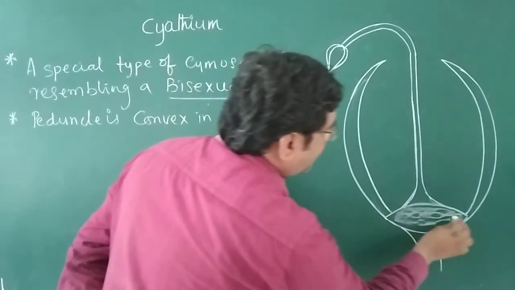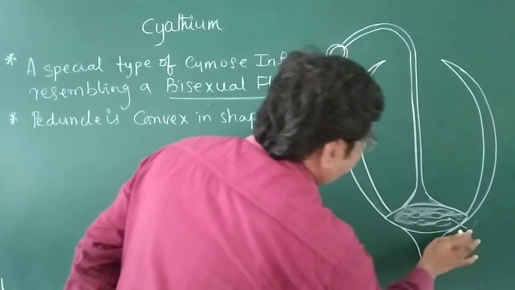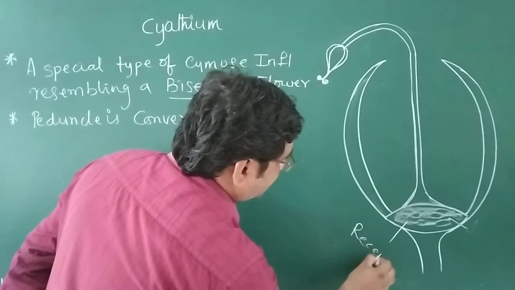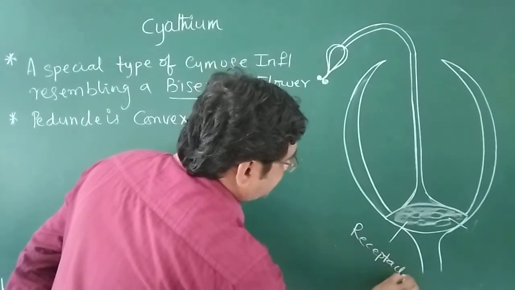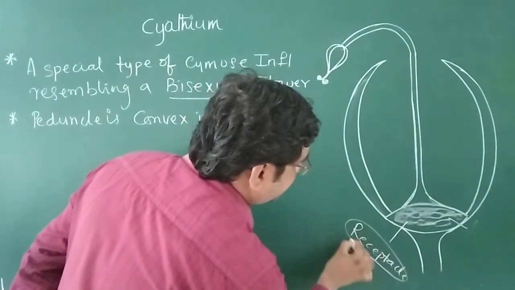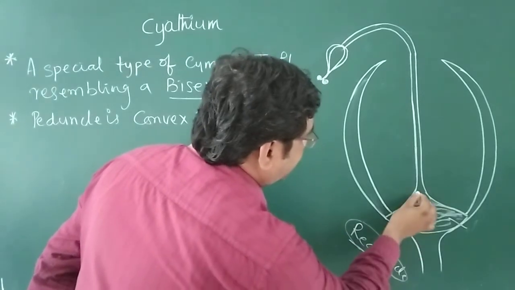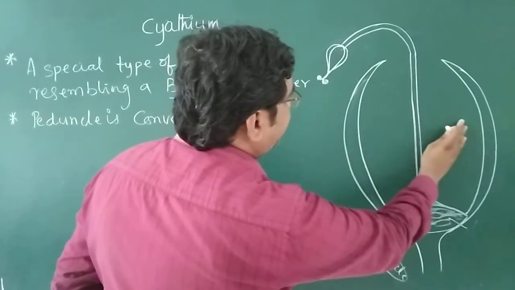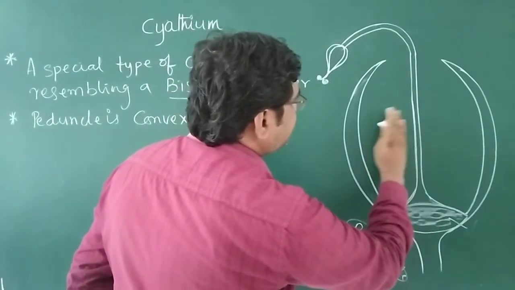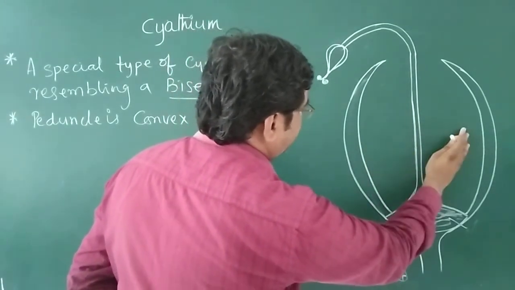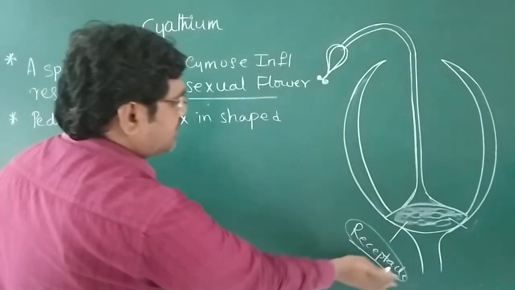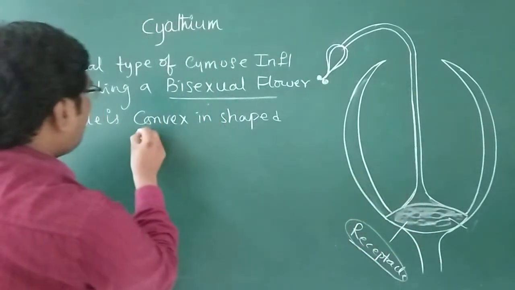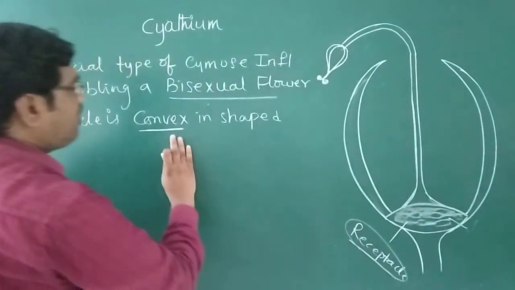This peduncle is modified into a receptacle. On the peduncle, many male and female flowers are arranged in a cymose manner. This is the receptacle of the peduncle, so the peduncle is convex in shape.